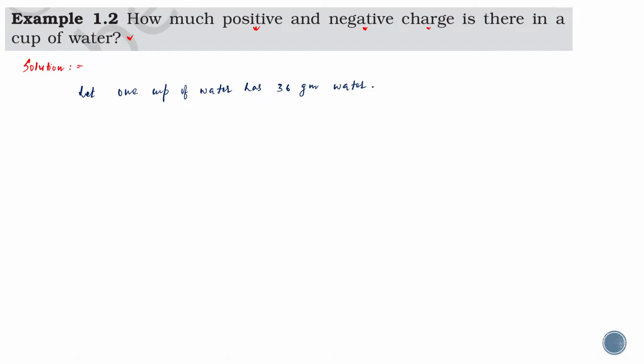So we find out the molecular mass of the water. The molecular formula of water is H2O, so the molecular mass of the water will be 2 into 1 plus 16, equal to 18 gram.